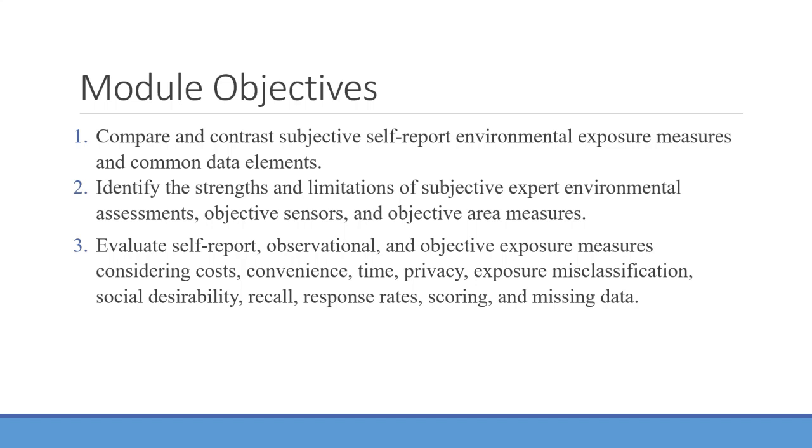And the third is to evaluate these measures in terms of cost, convenience, time, privacy, exposure misclassification, and how desirable they are, especially in terms of self-report, recall, response rates, scoring, and missing data. So those are the 3 objectives that are the primary focus of this module.